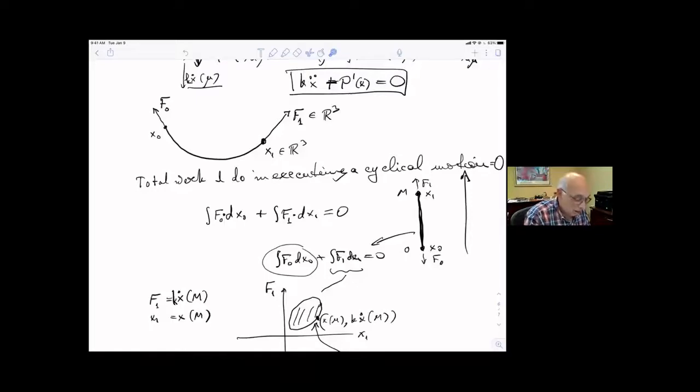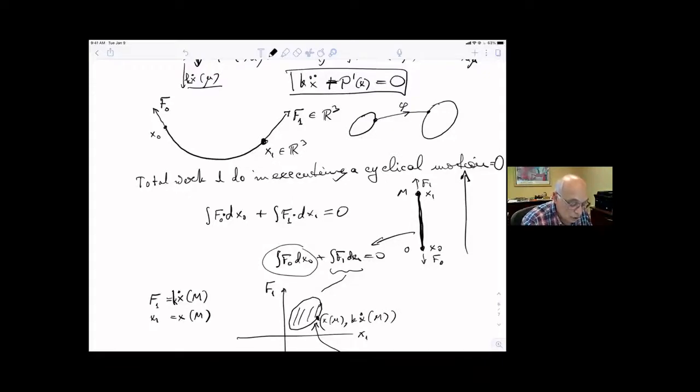And similarly here, if I move this thing cyclically, then I have a curve in the x naught, f naught space, and the corresponding curve in the x1, f1 space. Each point of one curve maps onto the other curve, because when I hold it still, knowing this information determines this information, for any point. So we have some kind of a mapping phi, let's call it.